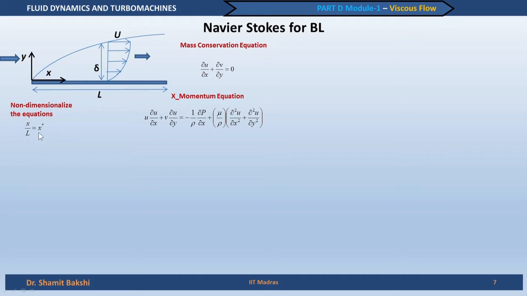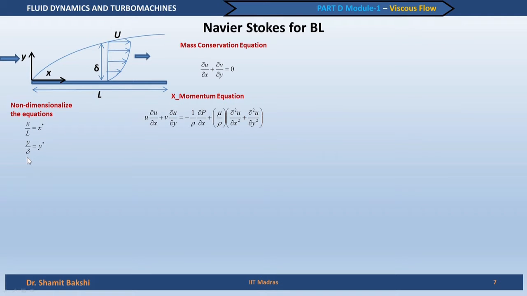So, we name this non-dimensional quantity x star. Similarly, we can define a non-dimensional y star, but for that the length should not be this capital L, because if you go in the y direction, the significant length is delta, the disturbance thickness. So, we should divide that with delta.